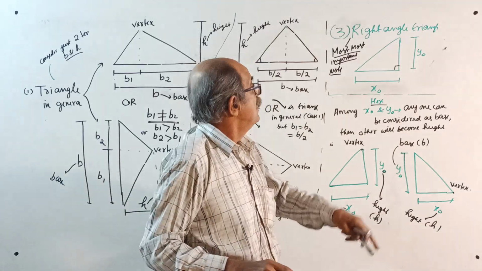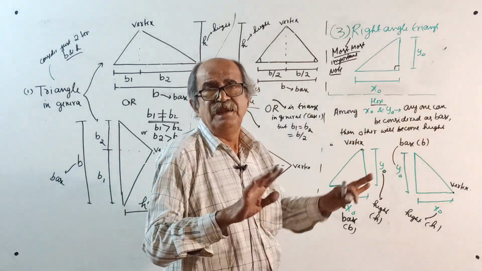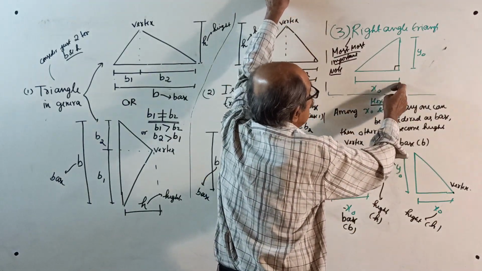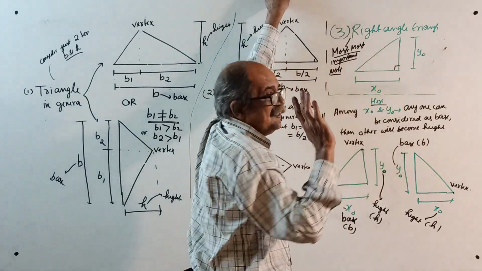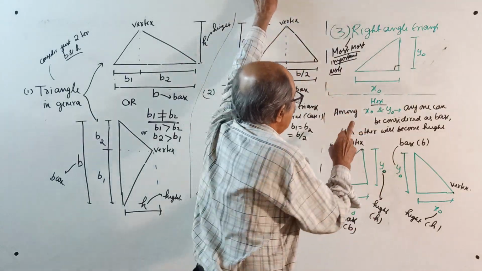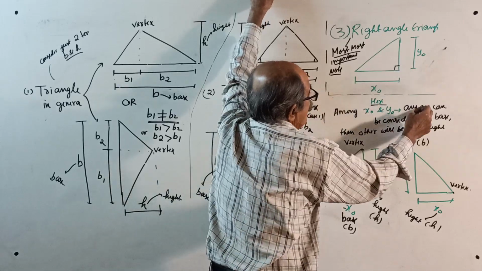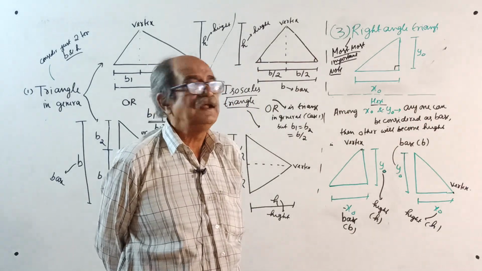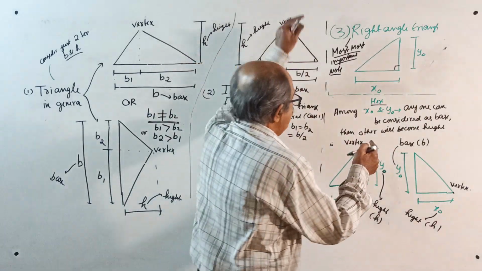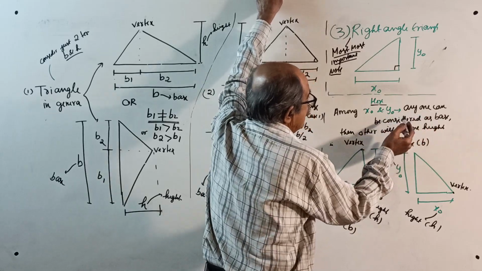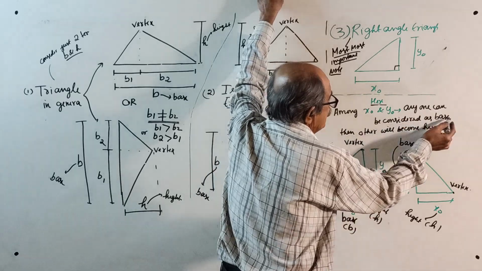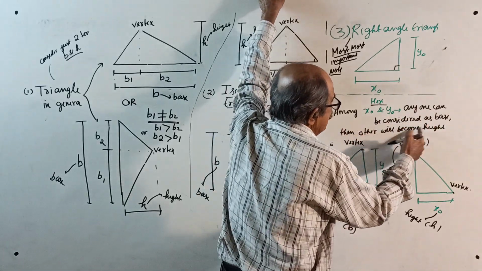In the class, the one I am marking horizontally, I will call x0, and vertically, y0. Now, among x0 and y0, any one can be considered as base, then the other will become height.